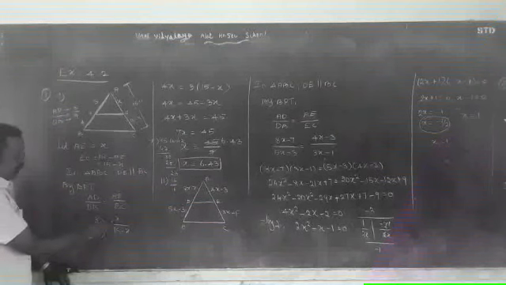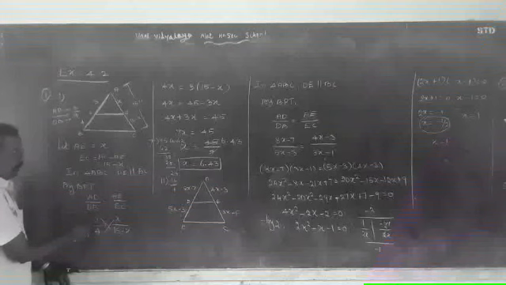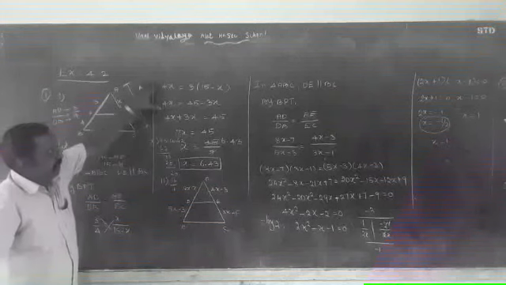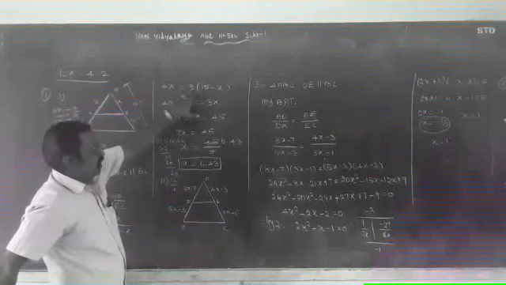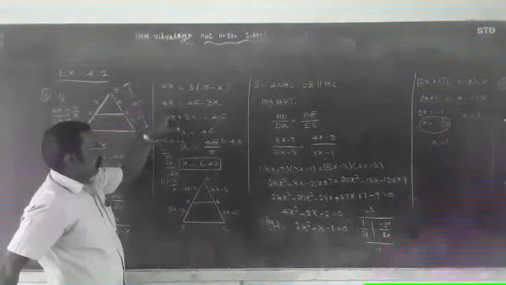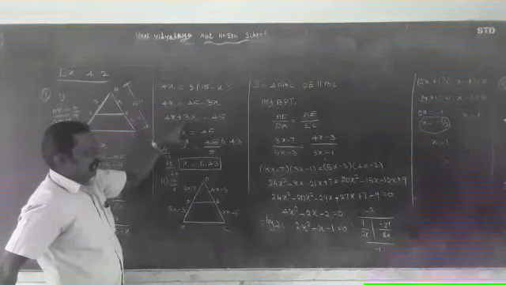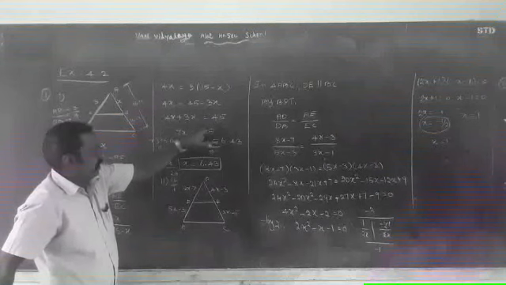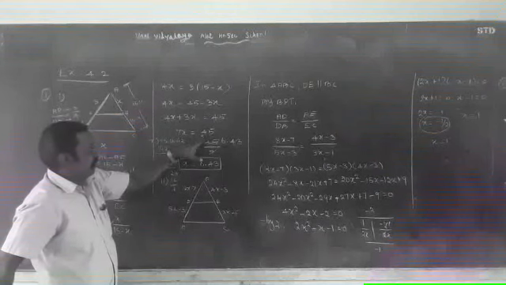So 4 into x, 4x equals 3 into 15 minus x. So 4x equals 3 15s are 45, 3 into x, 3x. So the 3x comes to the right-hand side, plus 3x equals 45. So 7x equals 45.